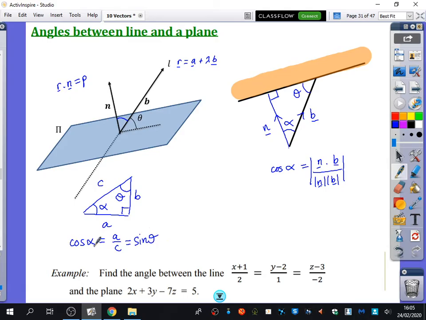So cos alpha is the same as sine theta if alpha plus theta is equal to 90 degrees. Because this is the adjacent over the hypotenuse, and this is the opposite over the hypotenuse, it's just referring to a different angle. So instead of saying cos alpha, because I don't actually want alpha, I can replace it with sine theta. And this is the formula that we'll memorize, okay?